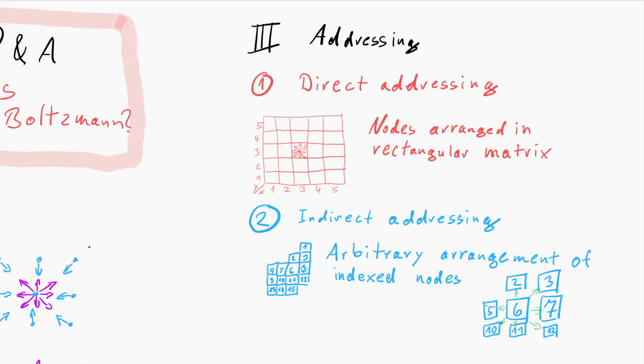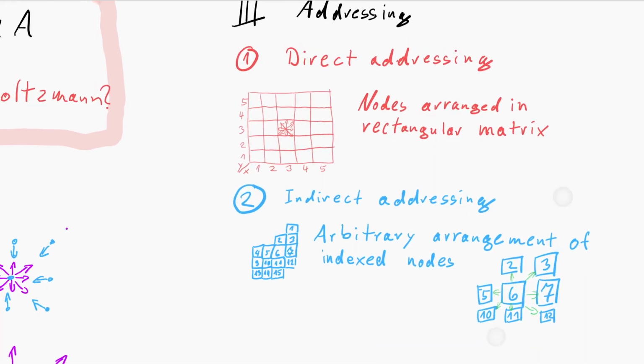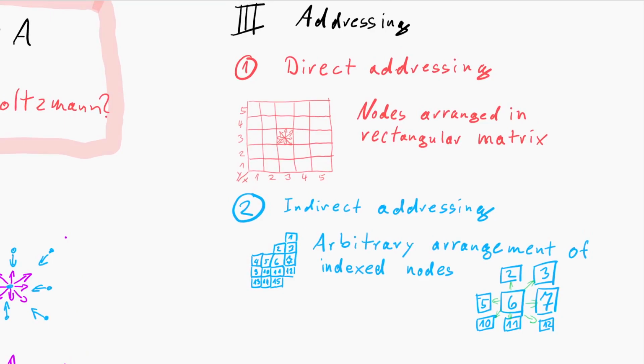Sometimes you have more complex domains, in particular when you use grid refinement. So when you have different resolutions in the system, then usually it is more efficient to store your data in an unstructured fashion, and this then requires indirect addressing.